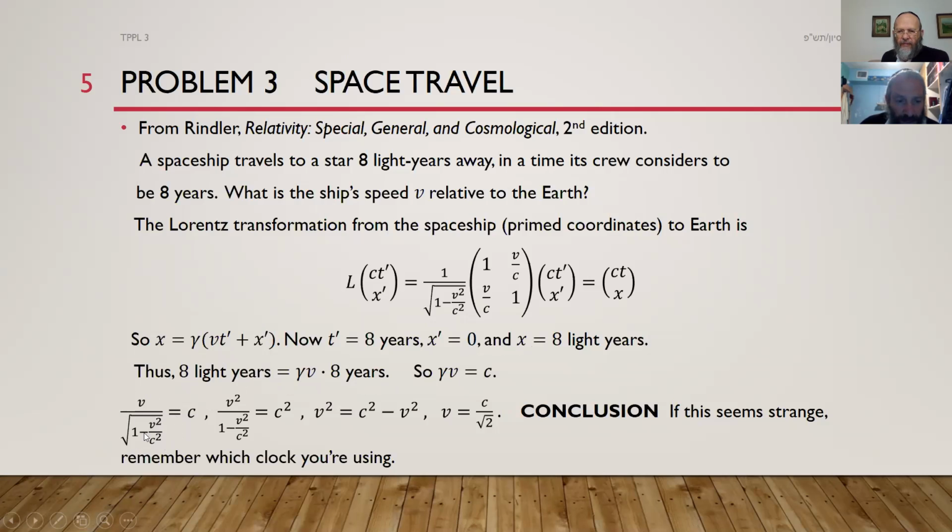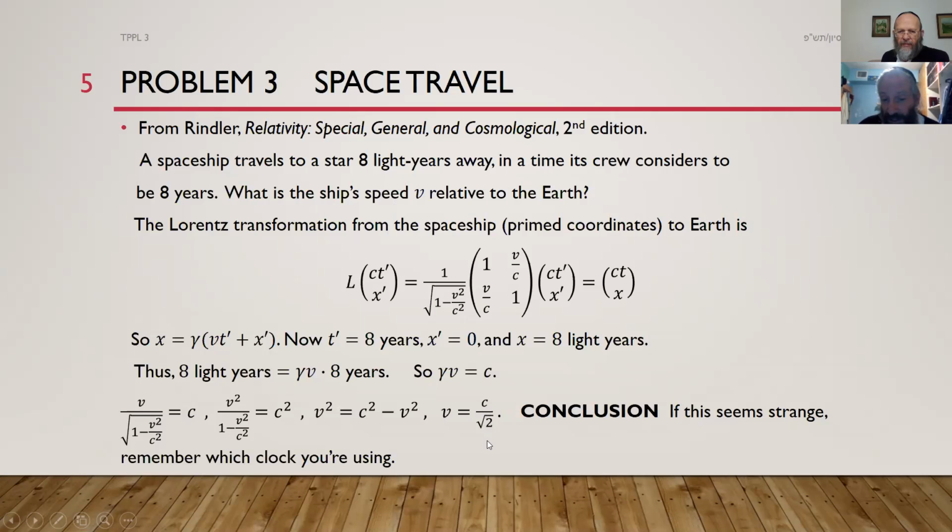Write out what gamma is, do the algebra, square both sides, and you get that v equals c over square root of 2, which is about 2/3 the speed of light. So notice that it takes light 8 years to get from Earth to where the spaceship is, and that's traveling at the speed of light.